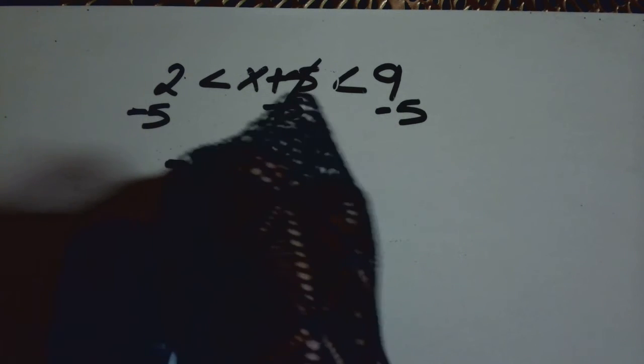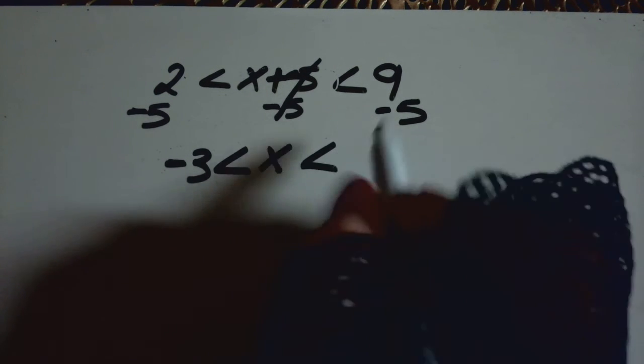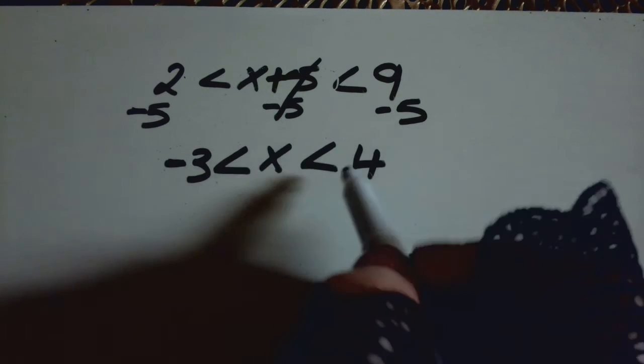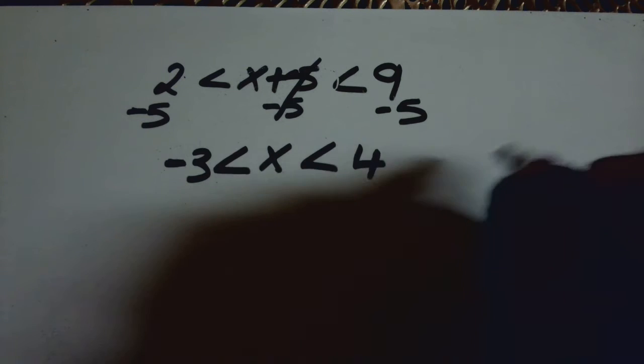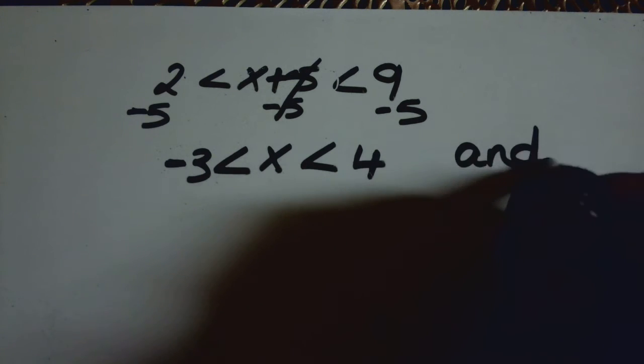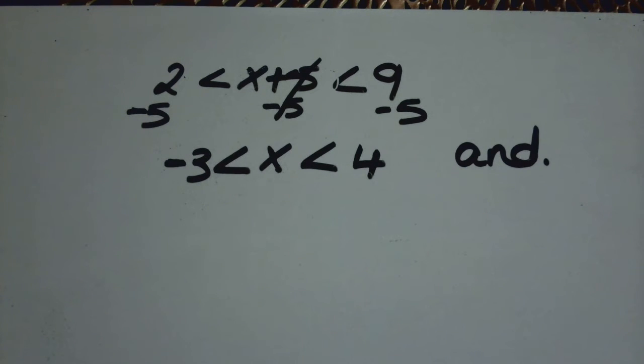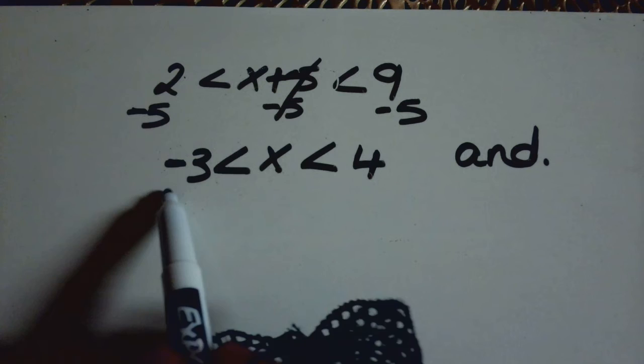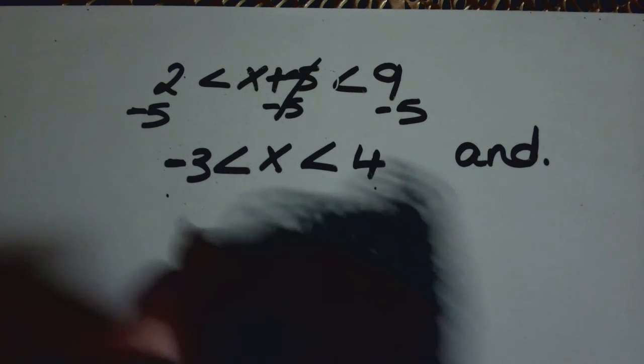So this is gone, and x is greater than 2 minus 5, which is -3, less than 9 minus 5, which is 4. So you can see that when we end up, this is definitely an and, because it's sandwiched between two numbers. And we make sure that it goes from left to right, so -3 up to 4. So that does make sense.